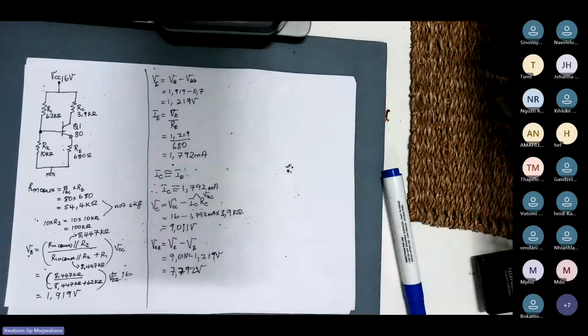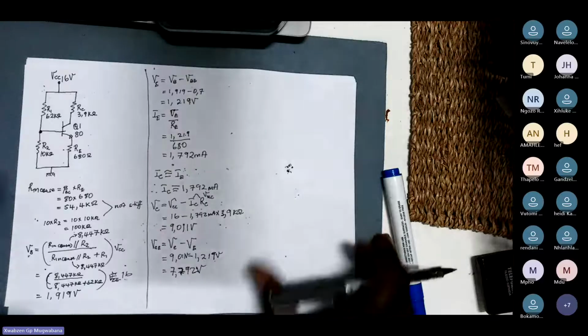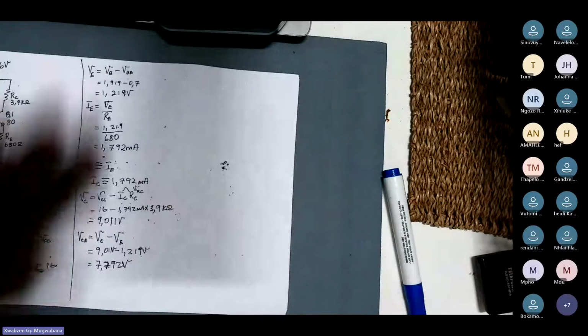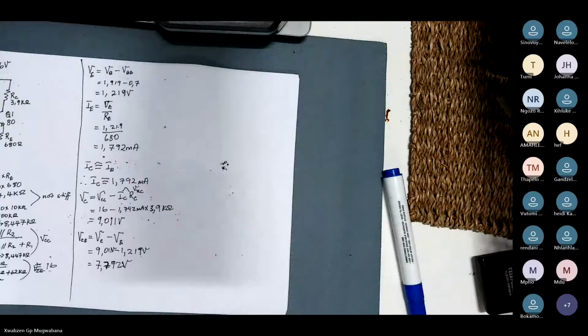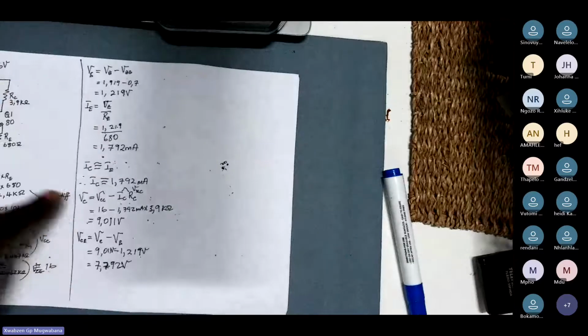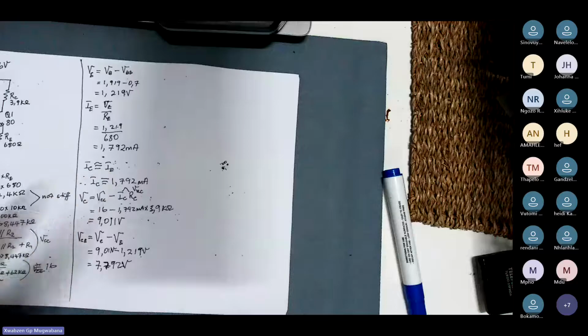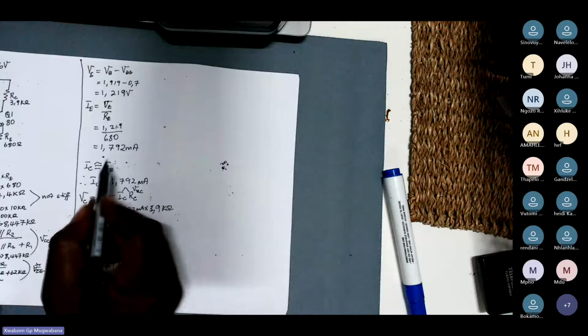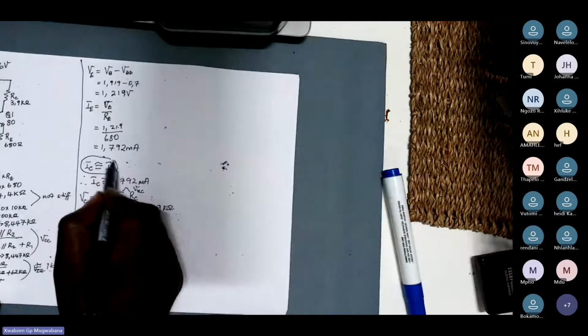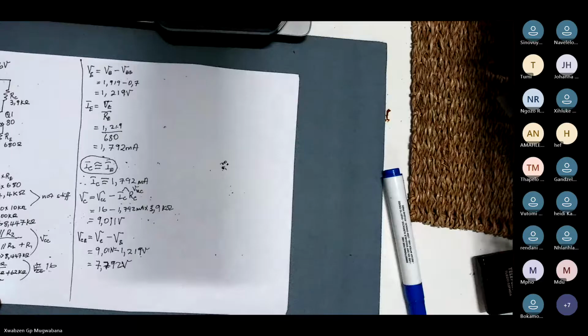Okay, now I have done this analysis. Remember, this is when IC is equal to IE. Are we together on that one? We are working on this condition. Good.